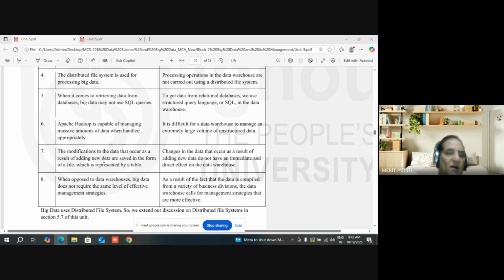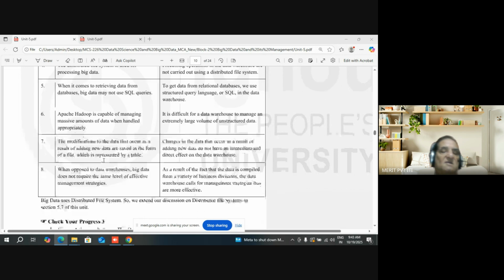As opposed to a data warehouse, big data doesn't require the same level of effective management strategies. As a result of the effect that data compiled from a variety of business divisions has, the data warehouse calls for management strategies that are more effective.